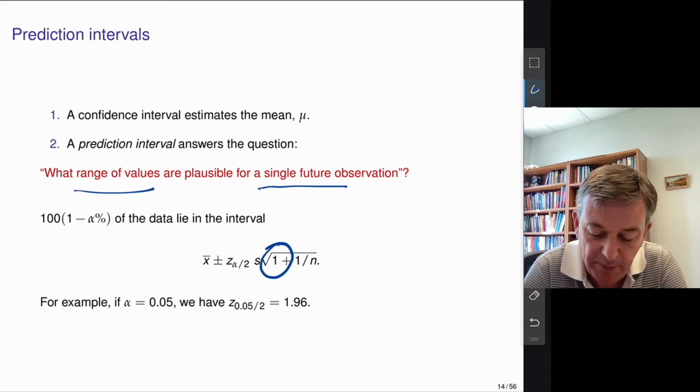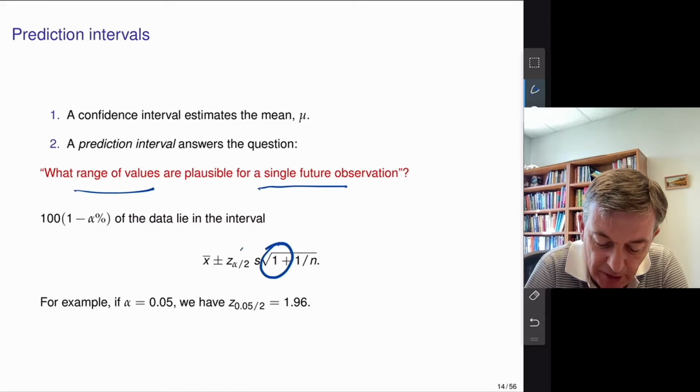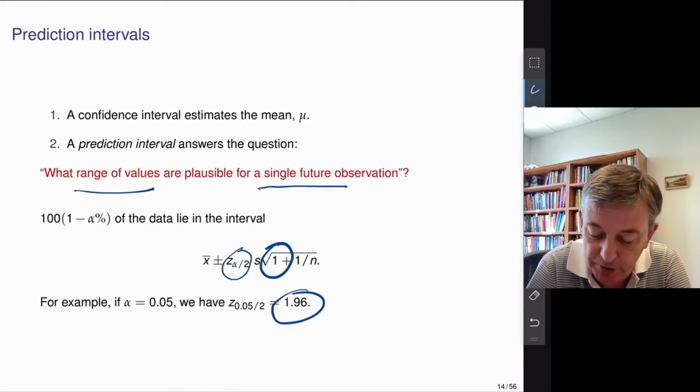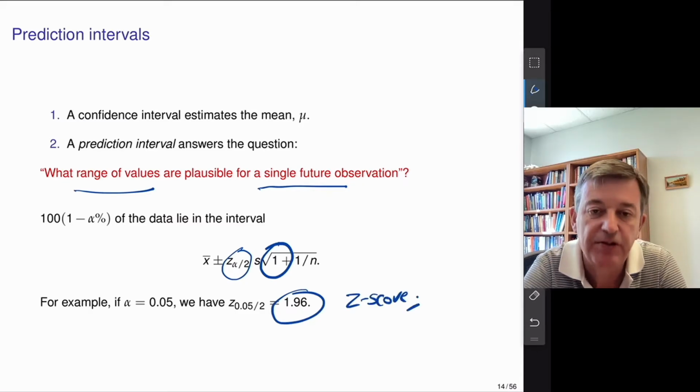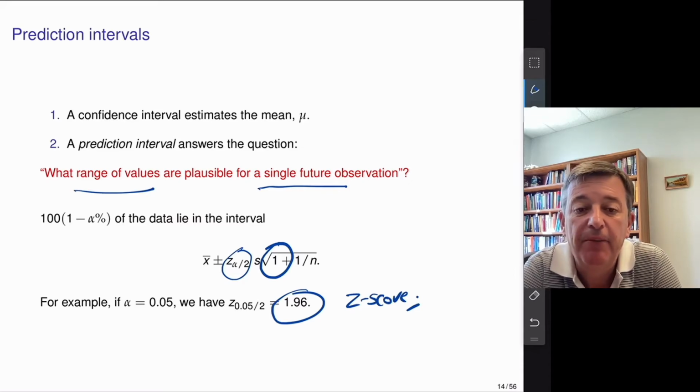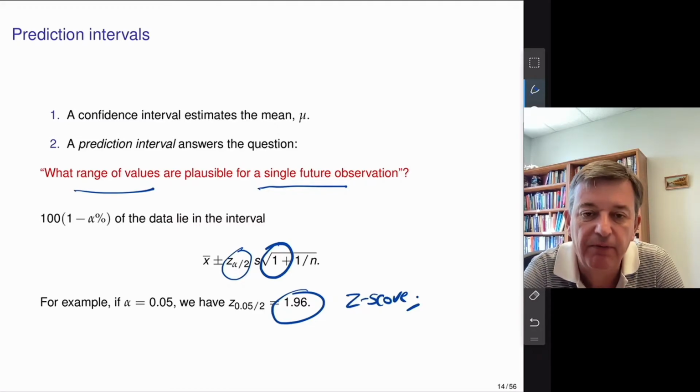So instead of x bar plus or minus z sub alpha upon 2, which denotes how many standard deviations, the so-called z-score, I go either side of the mean, I'm going to get an extra 1, because there's an extra error term for one single observation. So a similar looking formula, but with this extra 1.